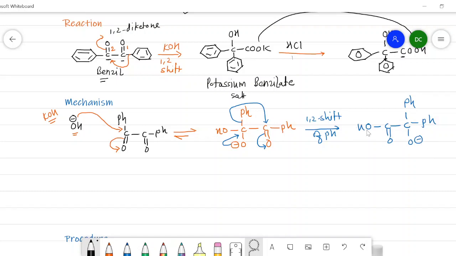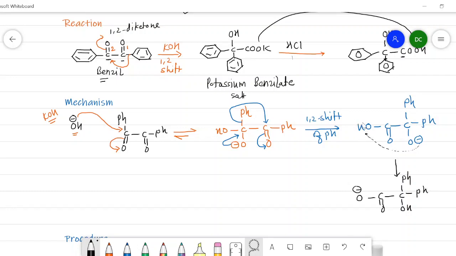The hydrogen which is attached to the oxygen is acidic. That's why this anion will abstract this hydrogen and we get here an O minus, C double bond O, then a C-OH, here a Ph and here a Ph.